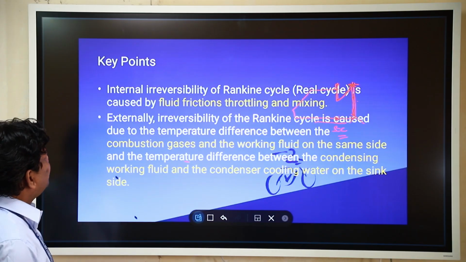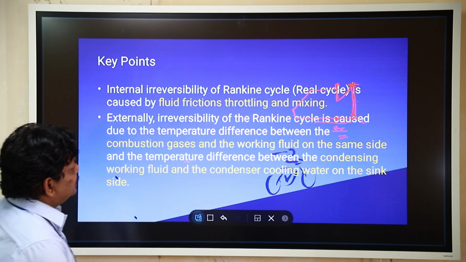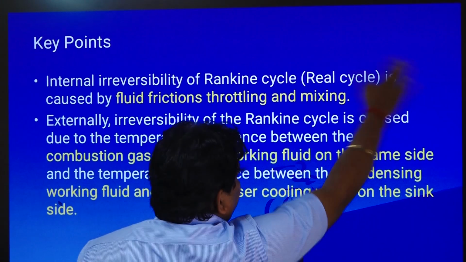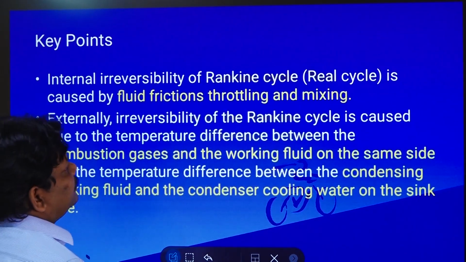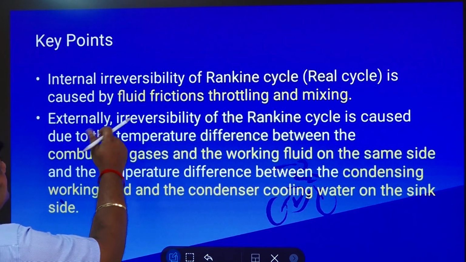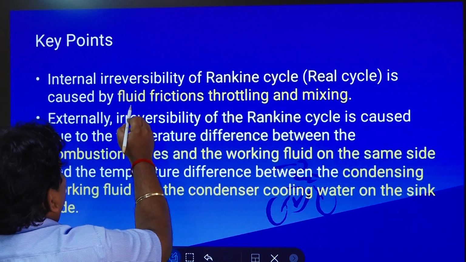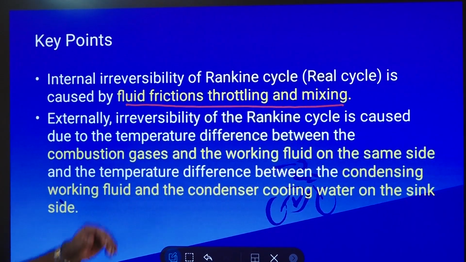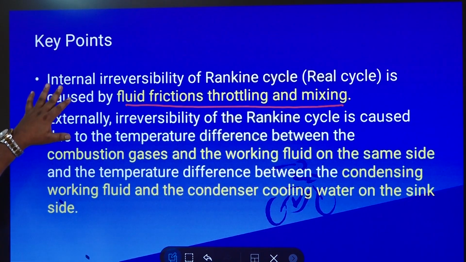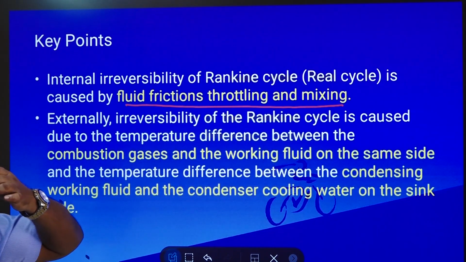There are some key points for this cycle. Internally, the irreversibility of this Rankine cycle is caused by fluid friction, that is throttling and mixing. You have to remember this, as it will come in statements.